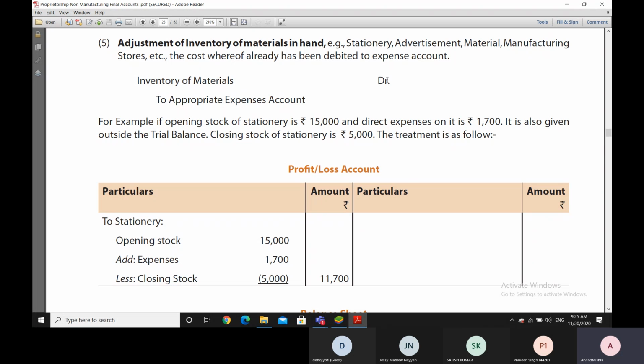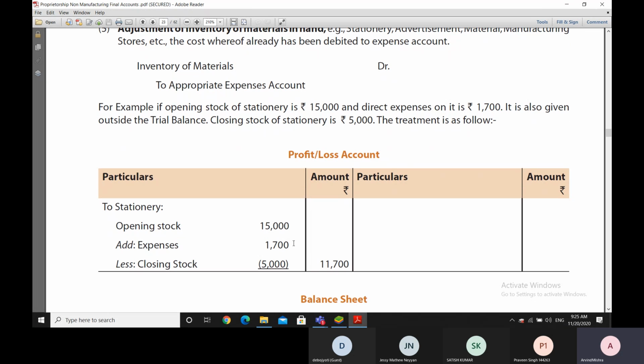So in a way, we are adding this expenditure to our inventory, because this expenditure relates to that inventory. So we are making an adjustment of inventory of materials in hand by doing that. And if the closing stock that we have found is 5,000 rupees, we are supposed to reduce it here. Less closing stock.